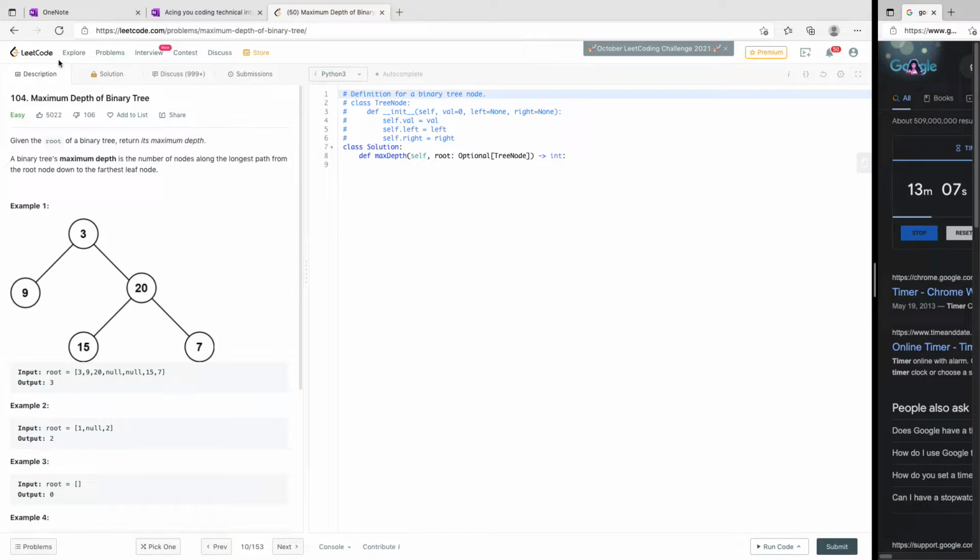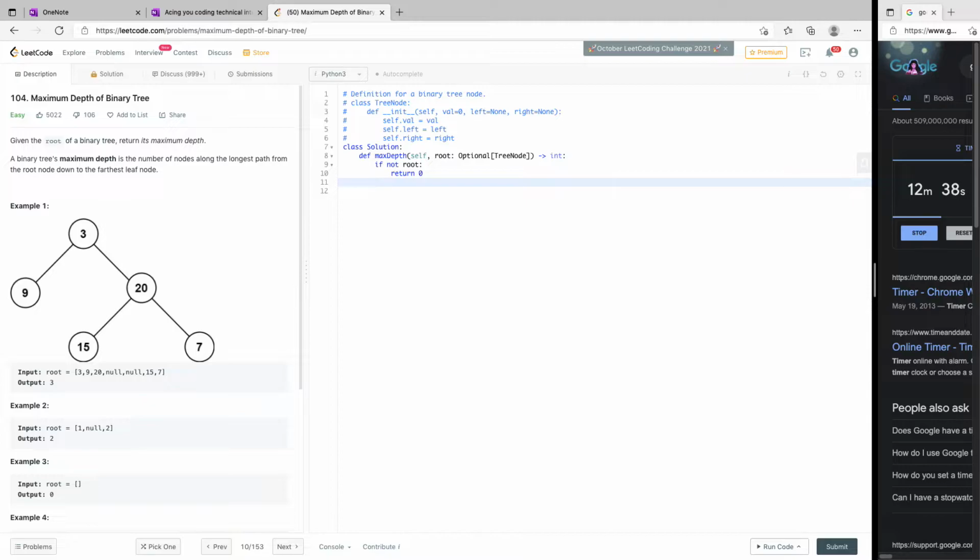So we look at the base case when the root is null. What do we do? We return 0. So if not root, if the root does not exist, we return 0.